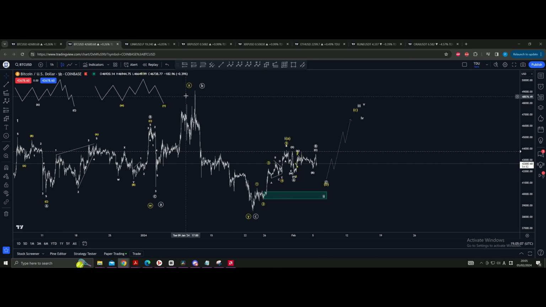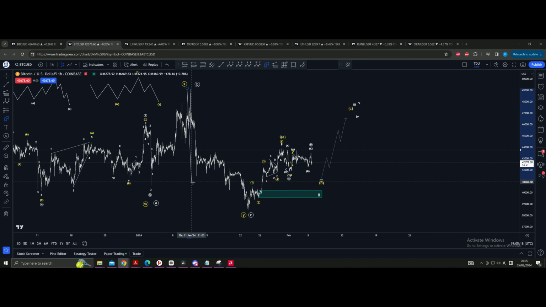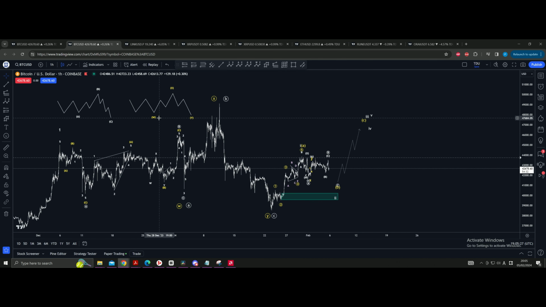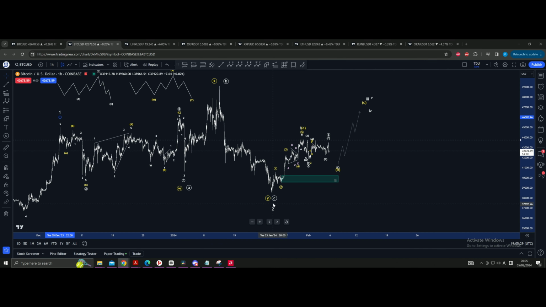And now I mentioned that I cannot really find a proper impulse here. It's a stretch, it's a squeeze, and I don't like it. So I say rather zigzag than anything else, or zigzag family. And in that case, that could be a sideways correction, and this could be the wave 2.